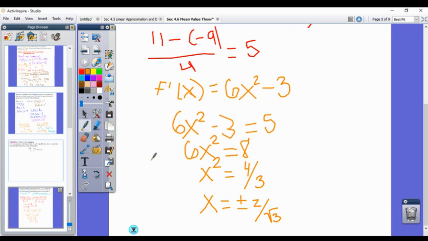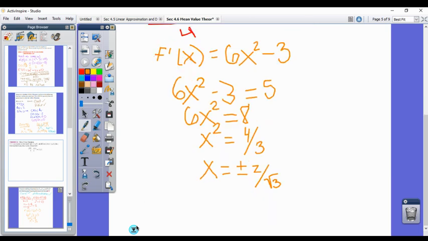Okay, so as you know, we don't like our radicals in our denominators, so we can rationalize this by multiplying both the top and the bottom by square root of 3. And if I do that, I'm going to end up with 2 square root of 3 all divided by 3. Okay?